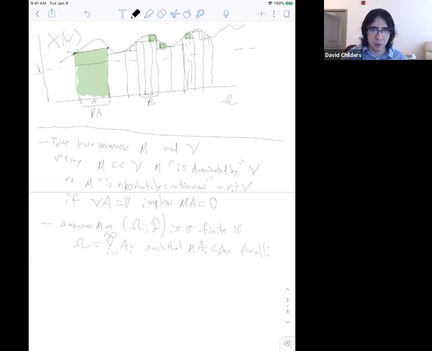And so what this is to say is that densities are going to be defined for finite measures, so things that assign a finite mass to any set. We can extend that slightly to measures that might assign an infinite mass to some sets, so long as that infinite mass can be broken down into a countable number of finite sets.